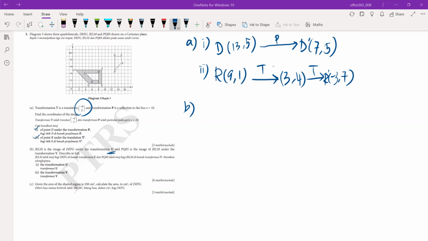Who else can give the answer for B? The transformation U. Whereby they say DEGF is an image of JKLM, from here to here.